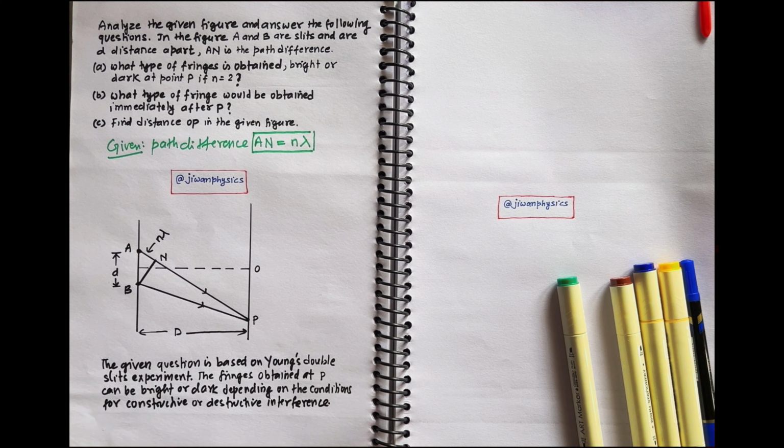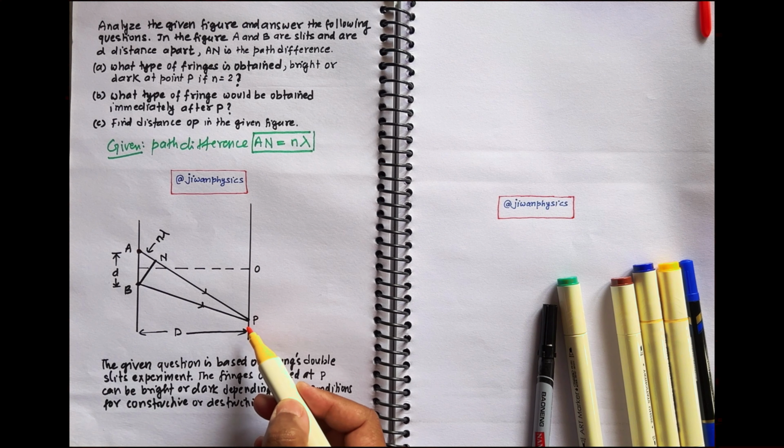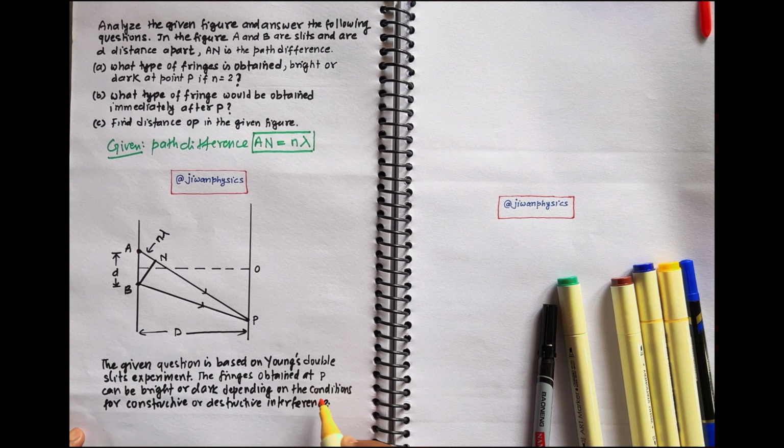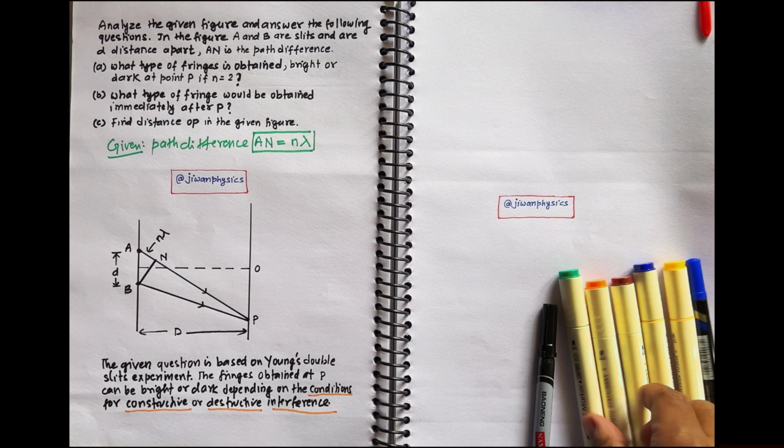So we need to note this. What we find is, we can have bright at P or dark at P. So that depends on the conditions for constructive or destructive interference.